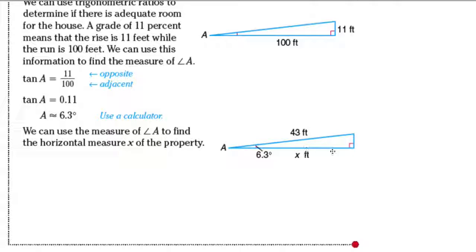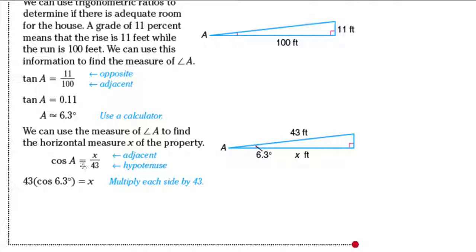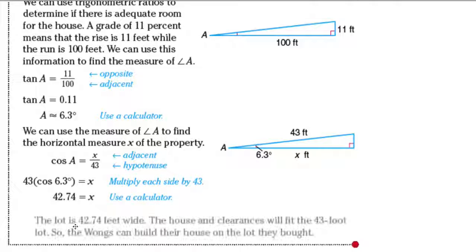We want to find x feet. In doing that, we use the cosine ratio, cosine A. Why? Because 43 feet is the hypotenuse and x feet is the adjacent. Using the cosine ratio, we multiply both sides by 43. 43 times cosine 6.3, and then we end up with x as 42.74.